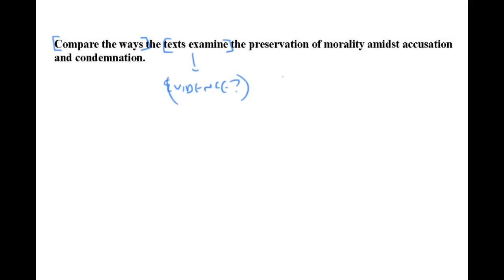Okay, which is your stakeholders. The preservation of morality amidst accusation and condemnation. So what we're looking at here is some key words that we need to write synonyms for.